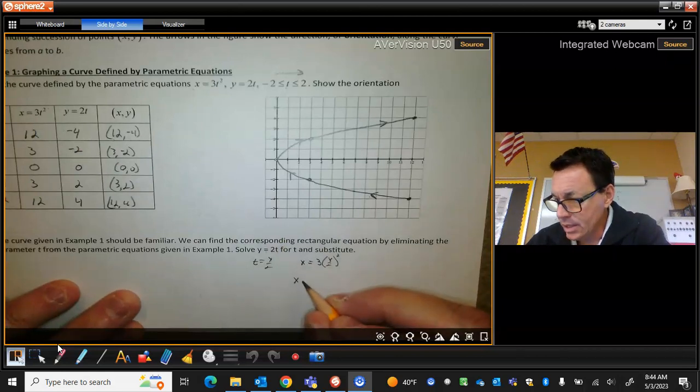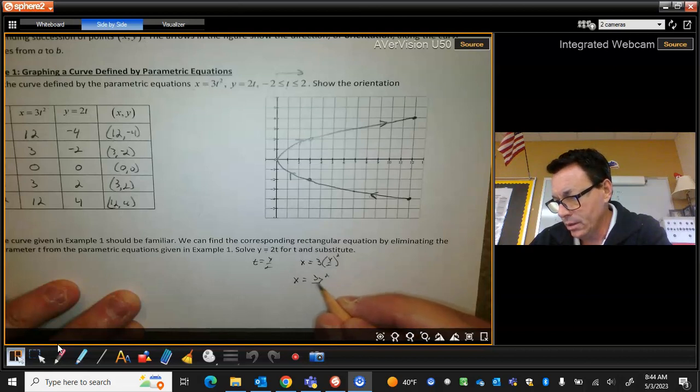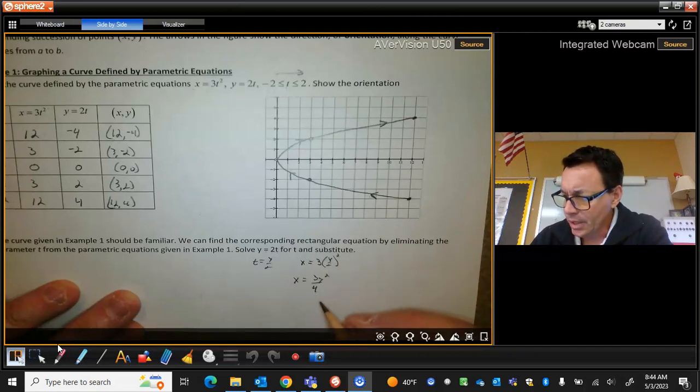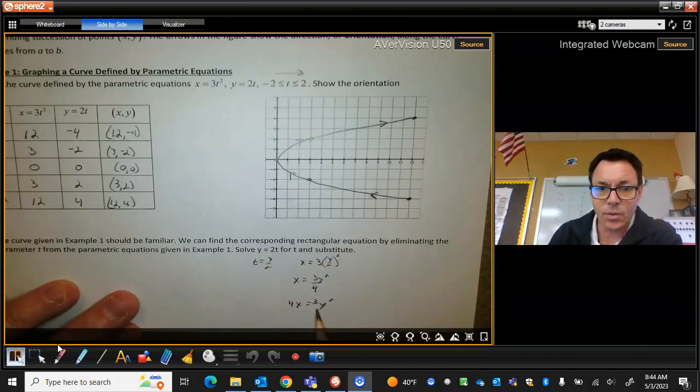So this is x equals 3y squared over 4, because that's going to get squared. Now, if I want to make this look a little bit better, I could get rid of the 4. 4x equals 3y squared.